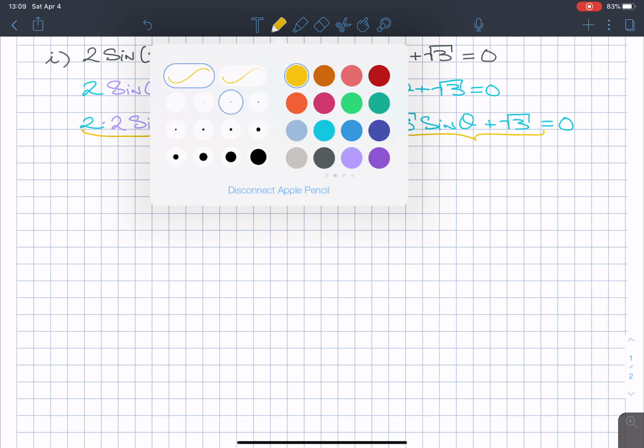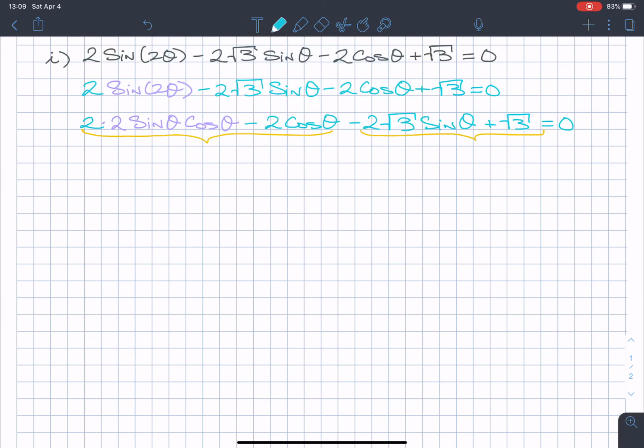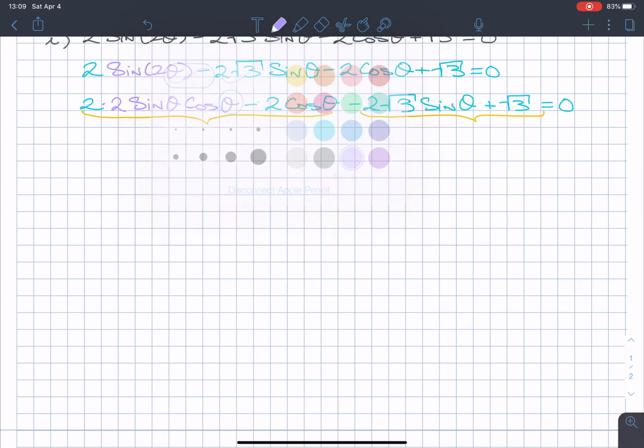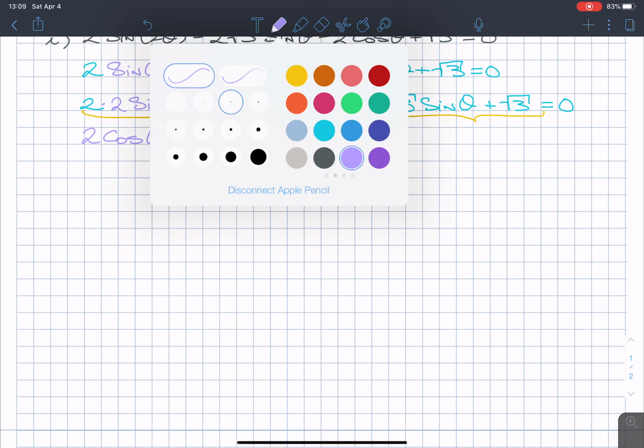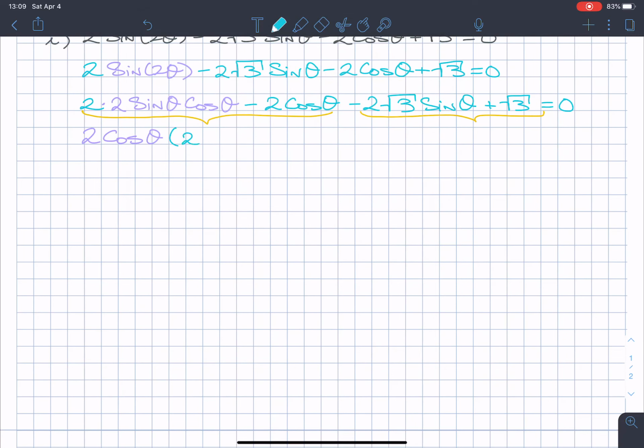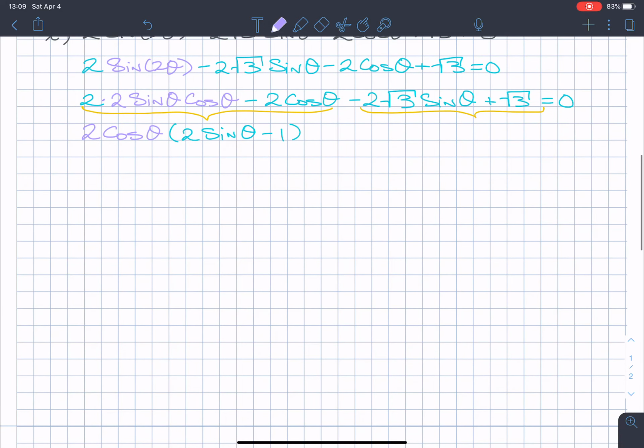I notice from the first 2 terms, what I have common is a 2 and a cosine theta. And when I factor that out from these 2, I'll have a 2 sine theta minus 1 remaining. And from the second 2 terms, it looks like I have negative root 3 common to both.